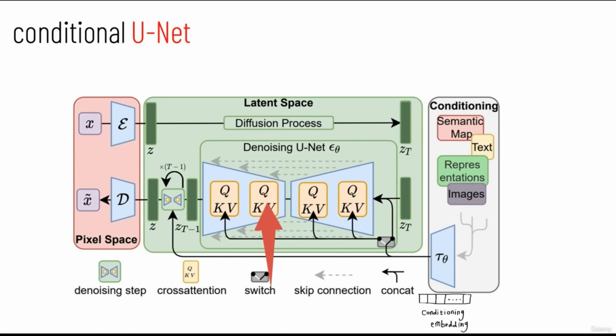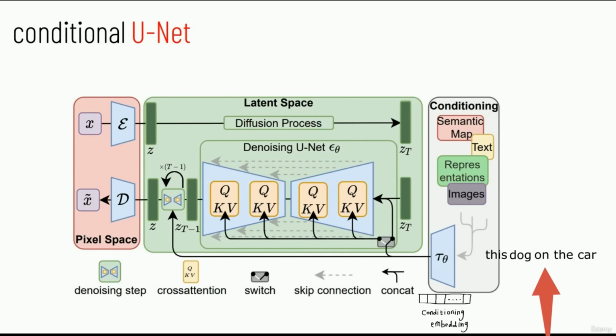These blocks will make our U network able to focus on a specific region in the feature map based on our text. Let's say that we passed this text here, the dog on the car.